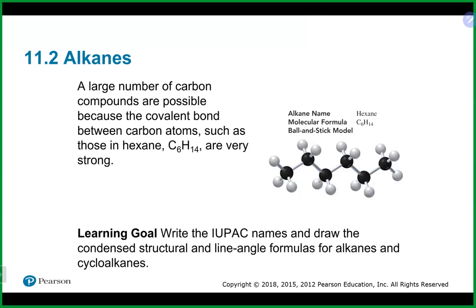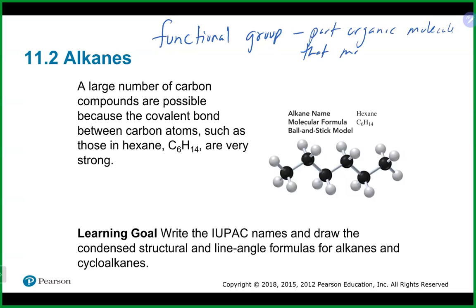Alkanes, as we've been getting at, are a large number of carbon compounds, and they all have single bonds. When we talk about organic compounds, there's what is referred to as the functional group, which is the part of the organic molecule that makes it that type of organic molecule.